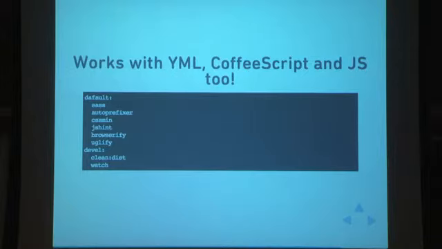So if you are not a big fan of vanilla JavaScript, you can use YAML or CoffeeScript. Below is also an example of, instead of having to write out these lists of other tasks that you want to create under an alias, now your default list can look as simple as that, a nice clean YAML file.